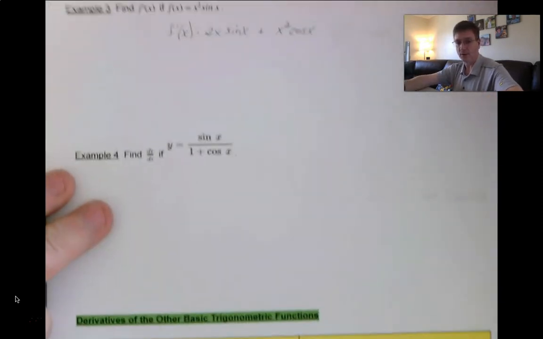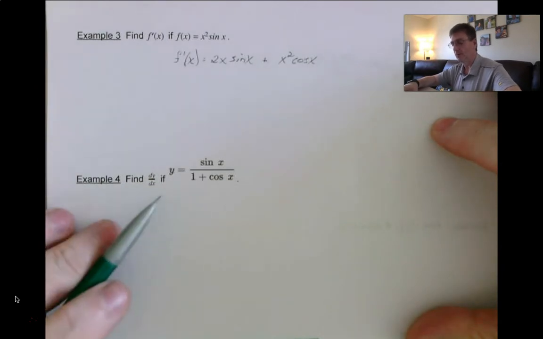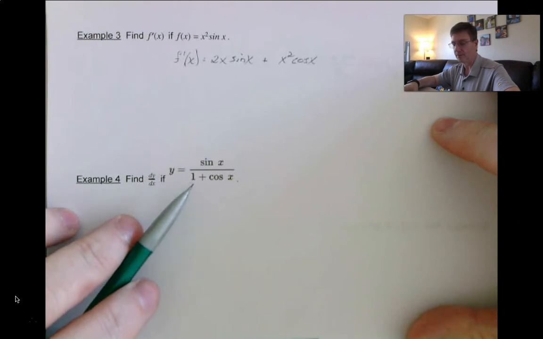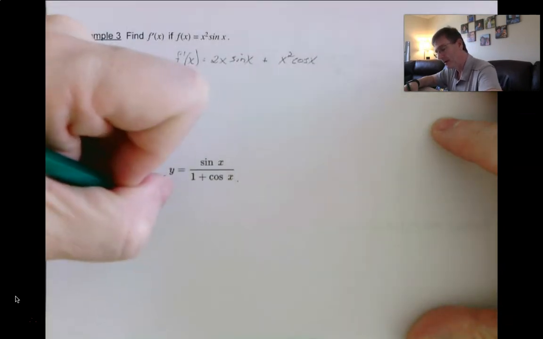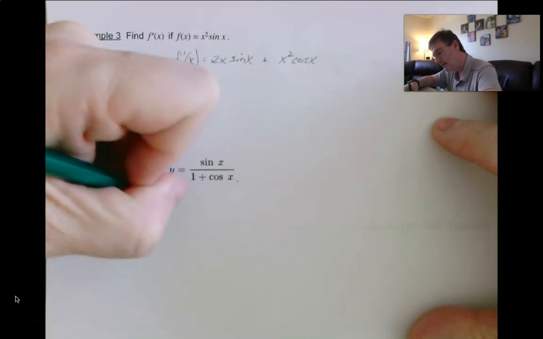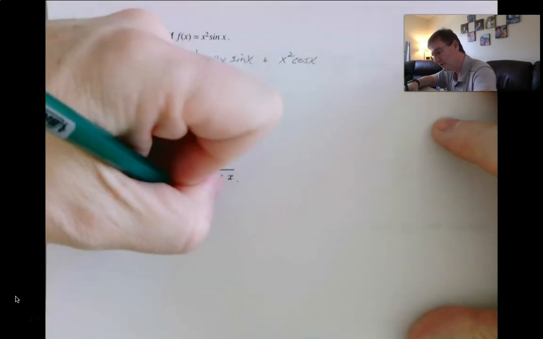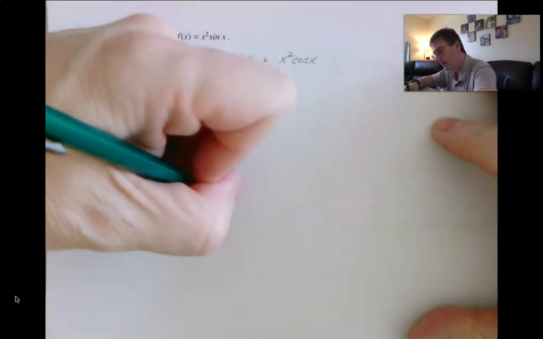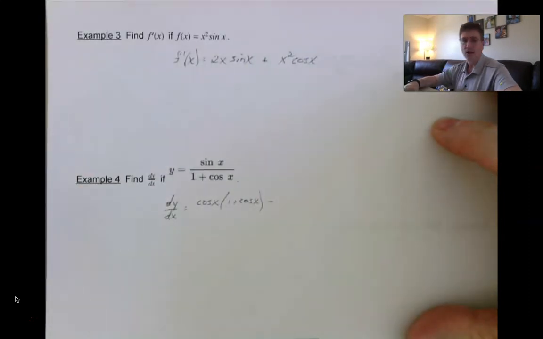Example 4 is where we have to use quotient rule. We don't have a choice. Okay, so again, quotient rule, derivative of the top times the bottom minus derivative of the bottom times the top all over the denominator squared. So dy/dx equals derivative of the top, derivative of sine x is cosine x, times the bottom, 1 plus cosine x, minus derivative of the bottom.